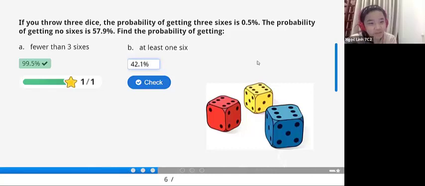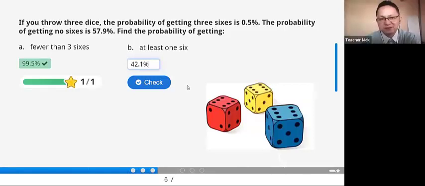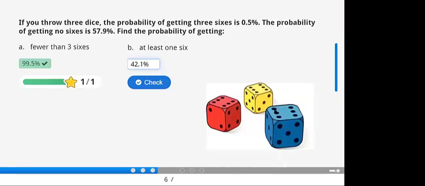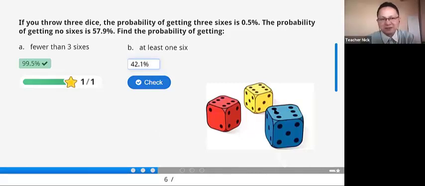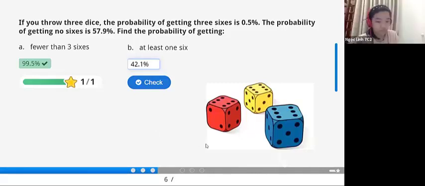I take 100% minus 57.9%, because getting no 6 is 57.9%. All right, so you just subtract. Yes, just subtract. Okay, how about Uyen? She cannot explain it, but a little bit of explanation. How did you get the 42.1?